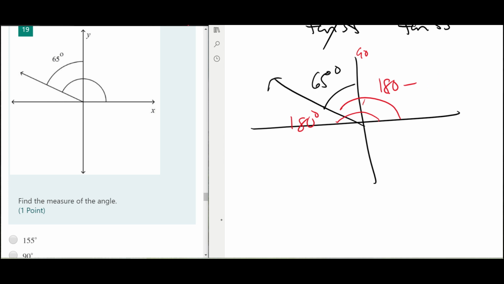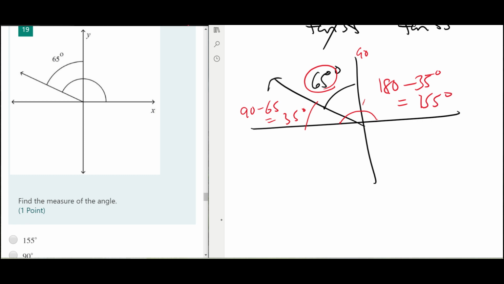Okay, so we know that this is 180 from here to here, but they give us this part, so it doesn't make sense to do 180 minus 65. If this is 65 right here, then this has to be 90 minus 65, because this makes a right angle, so this right here is 35 degrees, and then you could do 180 minus 35, which is 155.